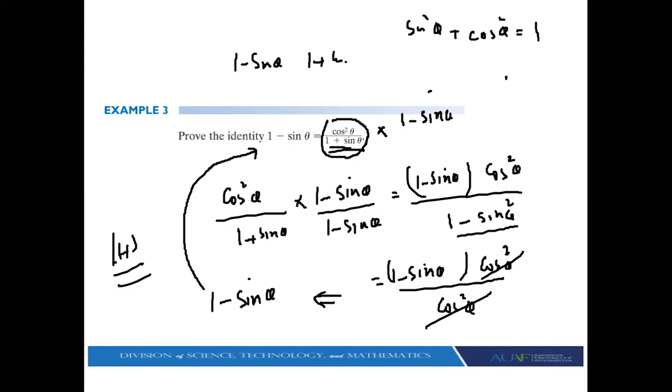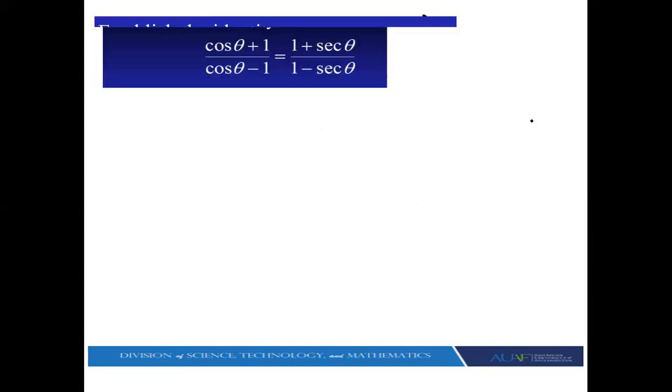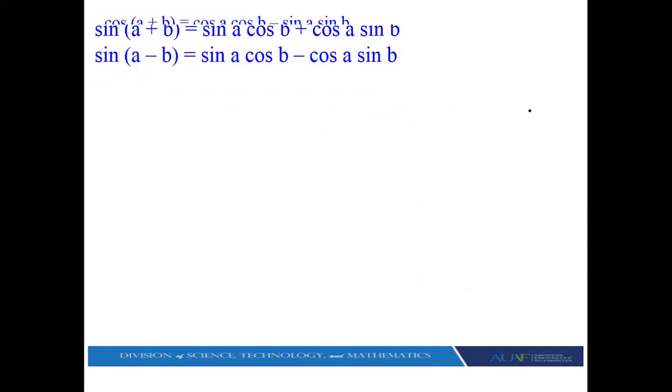For example, if the question is given like 1 plus sine theta divided by cosine, so we have a plus sign, you need to multiply with a minus sign. Correct? I will post some examples from this. Thank you, Firdaus.